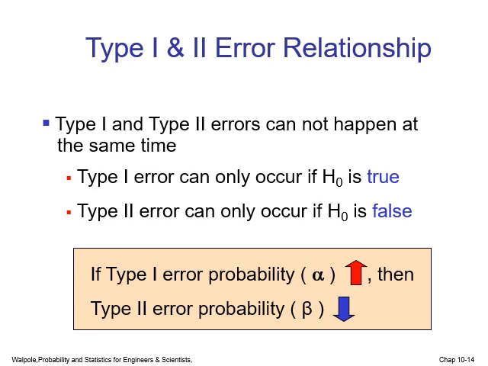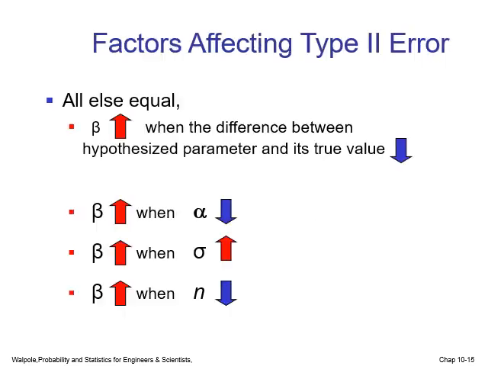If the type 1 error probability increases, then the type 2 error probability will decrease, and vice versa. And here are the factors affecting the type 2 error. The possibility of type 2 error increases when the difference between the hypothesized parameter and its true value is decreasing. Beta increases when alpha is decreasing.